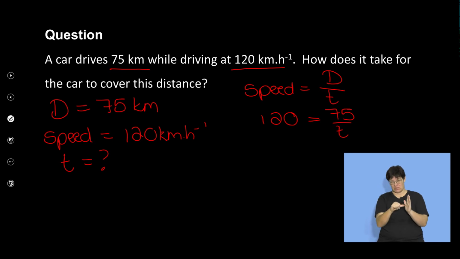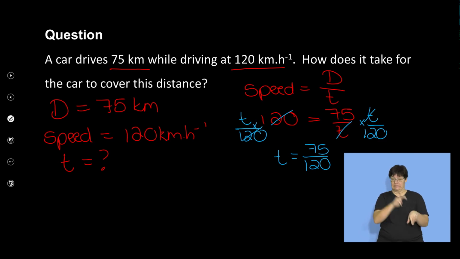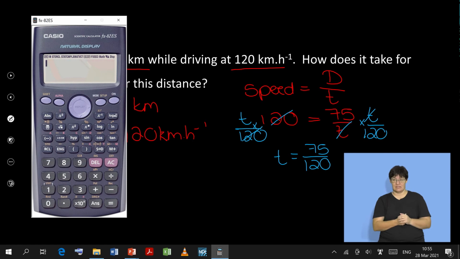So we're going to times by t on both sides. And then I'm going to divide by 120 because the t's then cancel out on that side and the 120 cancels on that side. So t is 75 divided by 120. I absolutely need my calculator for this. So 75 divided by 120, ooh, no, make sure you put it in properly because I said divided by 12 there.